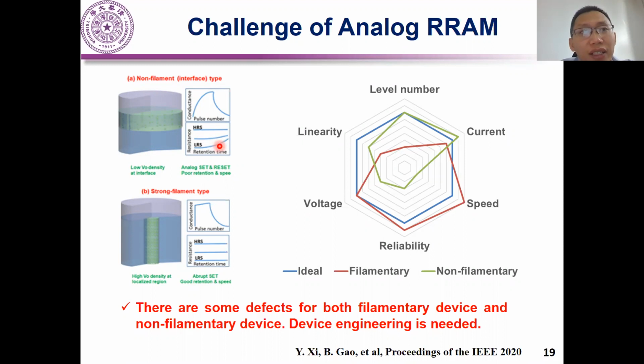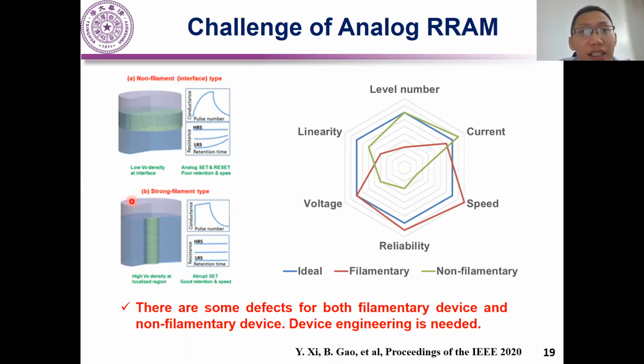Sometimes we can even see the resistance drift in a time scale of seconds to minutes. Meanwhile, the switching speed of interfacial RRAM is not good. We can see the speed is usually very slow. If we increase the speed, the retention will degrade significantly. So there's a difficult trade-off.